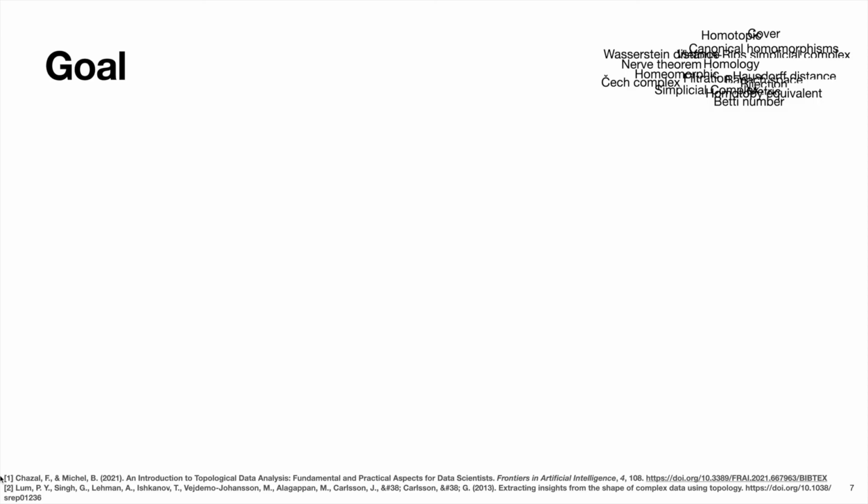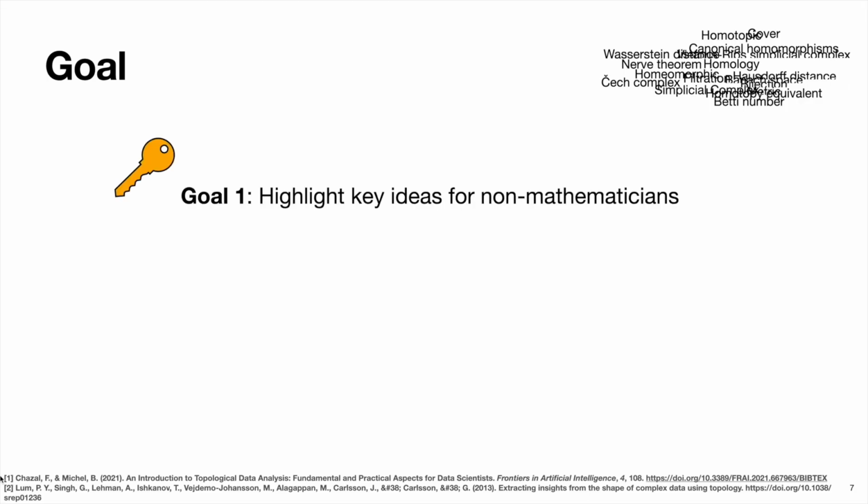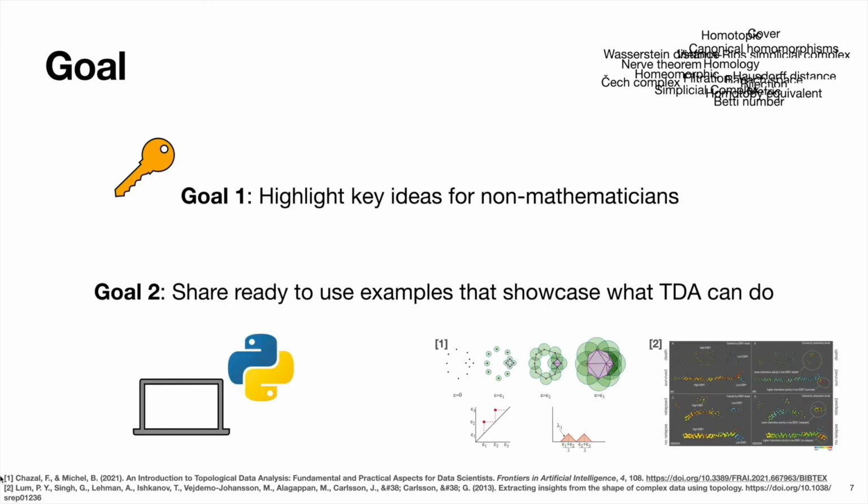And so my goal in this series is to put the terminology aside to a large extent and focus on two main goals. One, I'd like to highlight key ideas from topological data analysis for non-mathematicians. And two, I want to share ready-to-use example codes that showcase what topological data analysis can do.